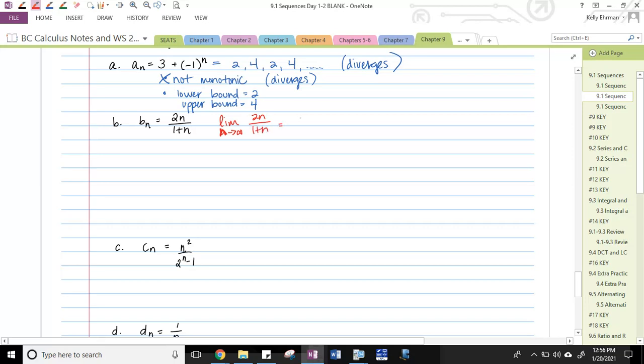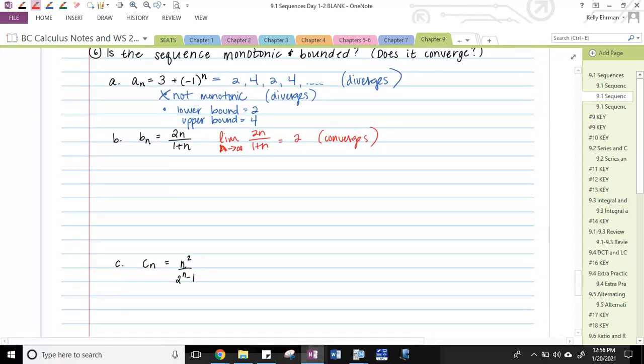This is a tie. It's 2. So yes, this converges. But we're going to check it based on that theorem because, again, maybe this theorem pops up somewhere. We have to be able to reference it. So, is this monotonic? Are the terms decreasing? How do I test if something is monotonic?